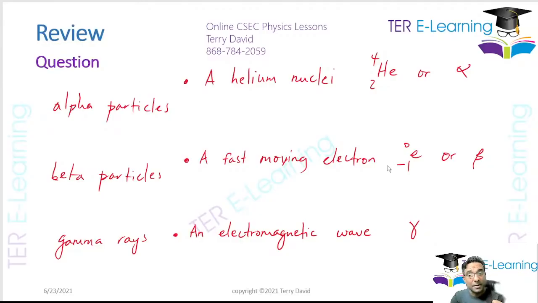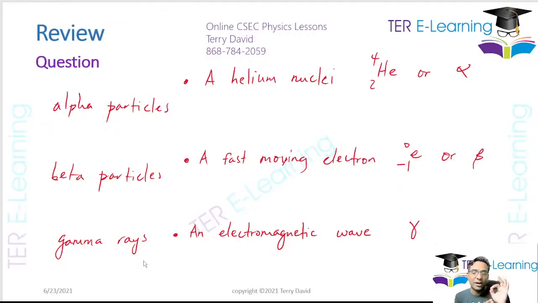So if I compare these 3, alpha is the most ionizing. Beta is a little less ionizing than alpha particles, and gamma radiation is the least ionizing of all 3 radiation. So you need to know about the ionizing properties of these particles. Make sure you understand this.